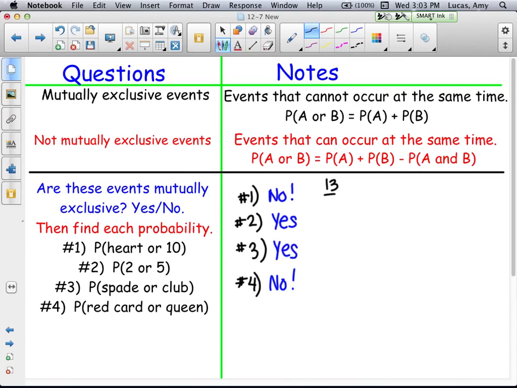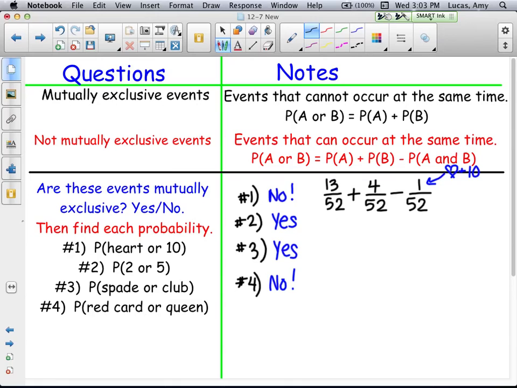How many hearts are in the deck? 13. So 13 out of 52 would be the probability of getting a heart. Plus, there are 4 cards that are 10s, 4 out of 52. But then I have to subtract that 1 card where they overlap. That 1, remember, this 1 right here that I'm subtracting is the 10 of hearts. So it's a heart and 10 at the same time.